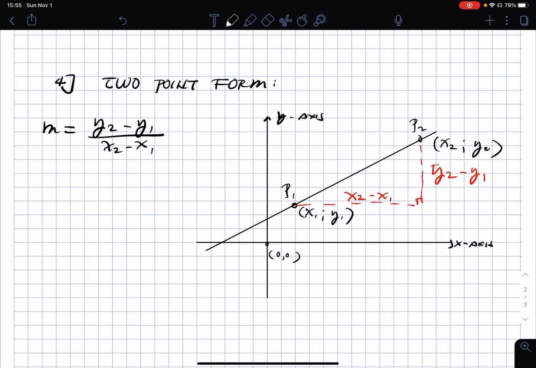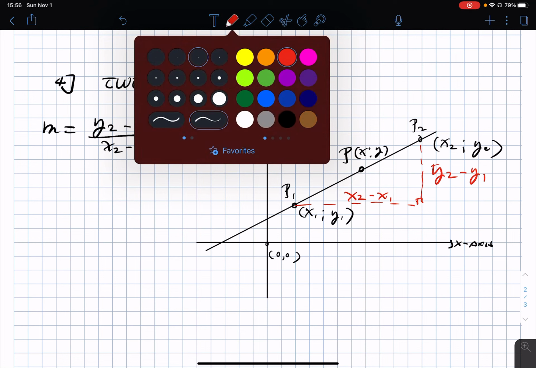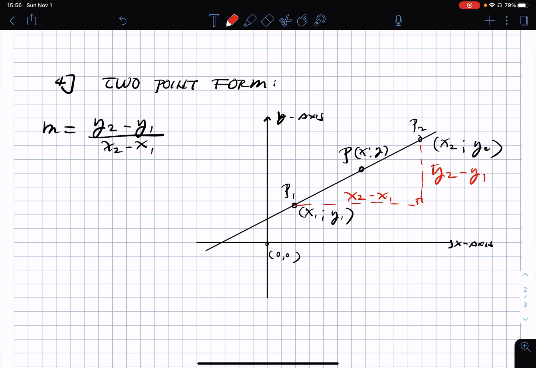Now, if we select a point between point 1 and 2 within the line, say this is point P, and that coordinate will now be x and y. Drawing an imaginary triangle, let's make it blue for clarity.